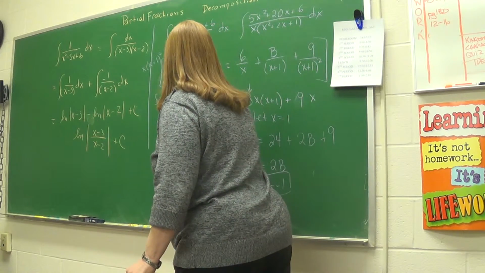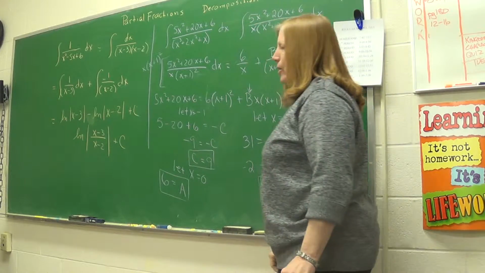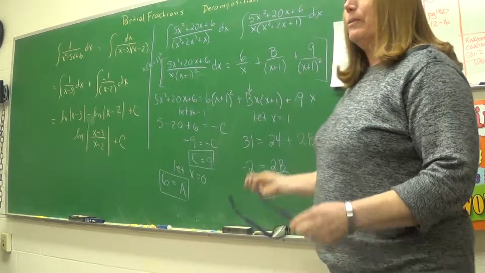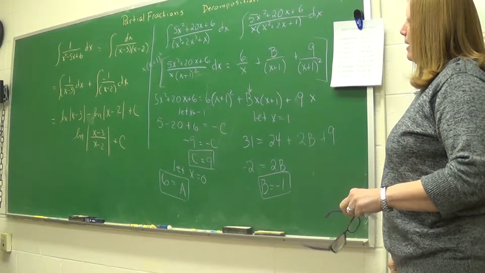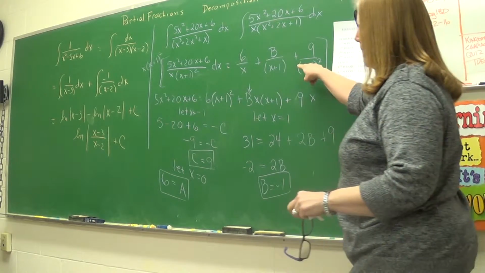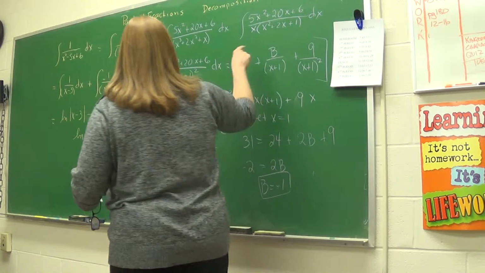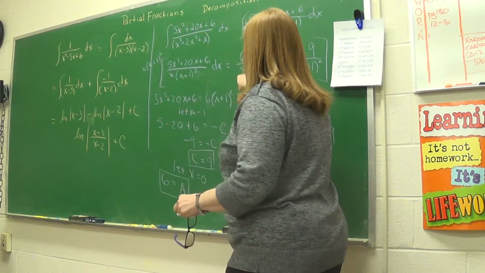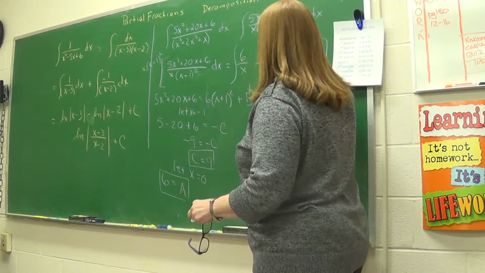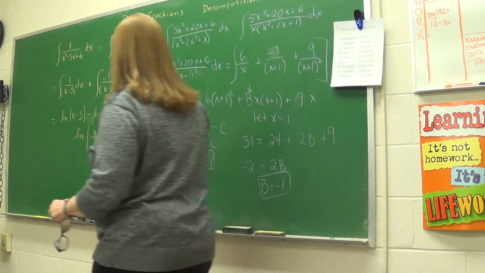Let x equal minus 1. But there are wiser ones than others. Some just lead to nowhere and some lead to the answers. All right, so I'm going to go all the way back to here and put in the B, and that's minus 1. And so this is what I'm going to integrate now that I've decomposed that fraction.